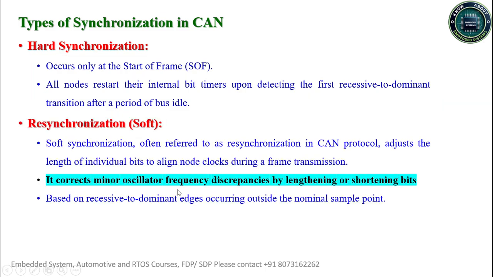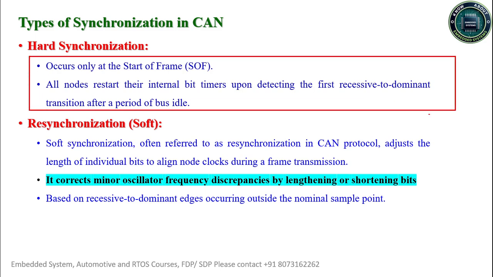Apart from that, we have something called soft synchronization, which is also called resynchronization. Let us assume that all the ECUs are not synchronized within the start of frame. Then we are going to use resynchronization.